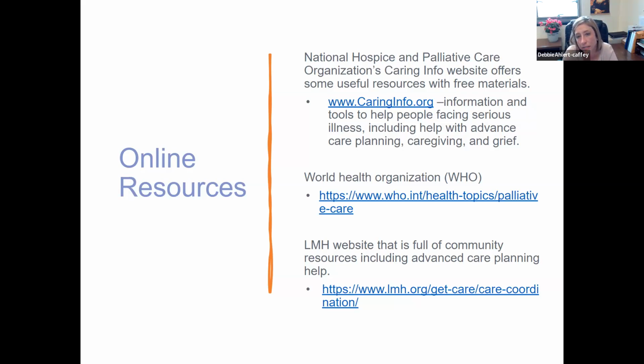So that's a really good tool to go to and look up more information. Also the World Health Organization, who we have heard a lot about, I'm sure, over the last few years in the news, and they are always a good website to go to for any sort of topics. And they also have a palliative side, so they have a good website there for information.